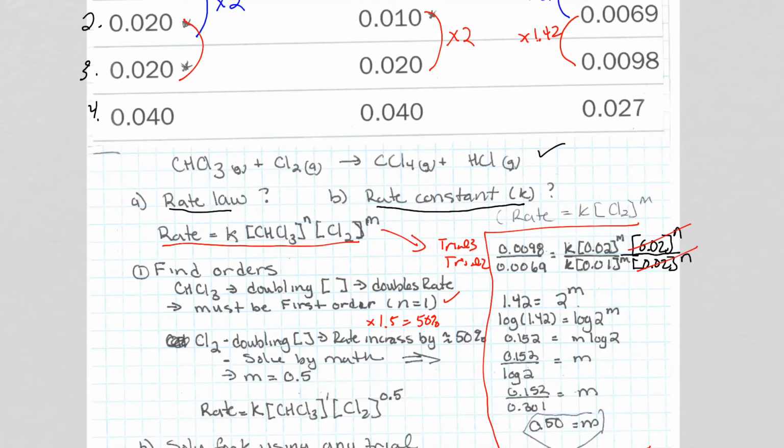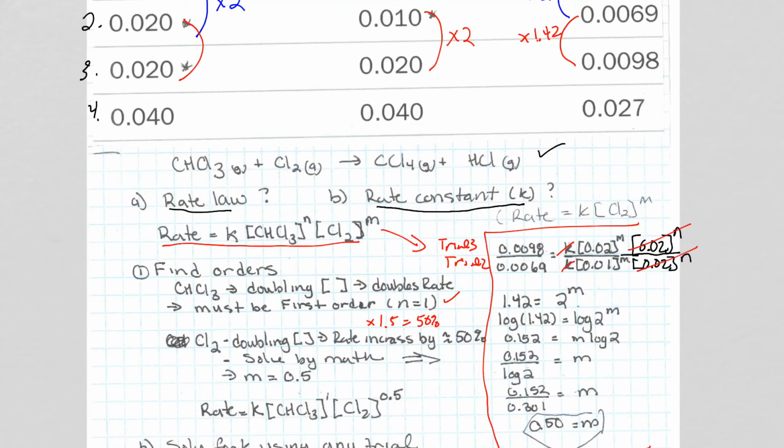Also, the rate constants are going to cancel, because the rate constant is constant with concentration. So we reduce down to 0.0098 divided by 0.0069. As we said earlier, that's 1.42. And we have 0.02 divided by 0.01, that's 2, raised to the m still. So we get 1.42 equals 2 to the m.